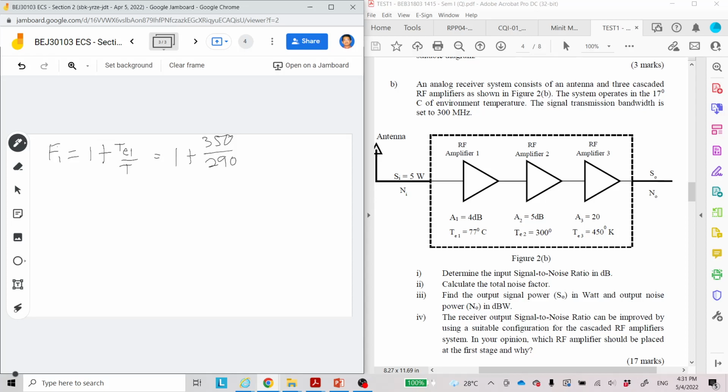So this one you get 2.201. And then find the F2. F2 is equal to 1 plus TE2 over T. So this is 1 plus 300 Kelvin divided with 290. No need to put the K. So this is equal to 2.034.